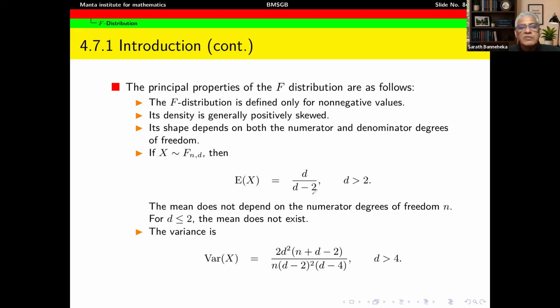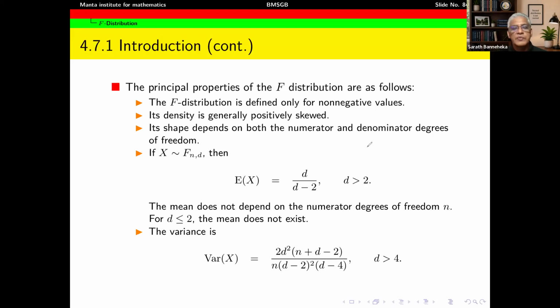And you can see that as D increases, this will come closer and closer to 1. So when an F distribution has a large denominator degrees of freedom, then its expected value is close to 1. Now, how does that expected value not depend on N in this case? It's not that difficult to see that.